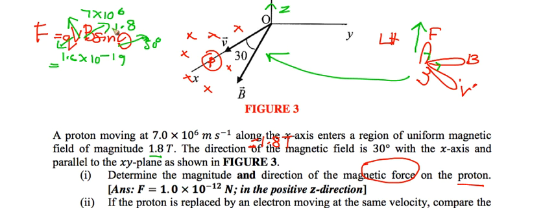Using the calculator, the force acting on the proton when it enters the magnetic field B is 1.0 exponent minus 2 Newton, directed along the z-axis, or upward.